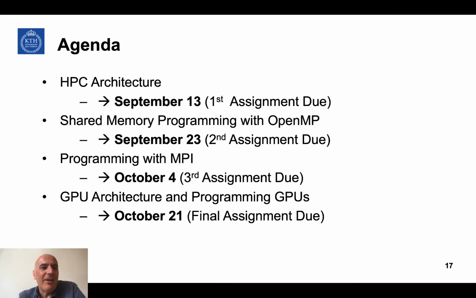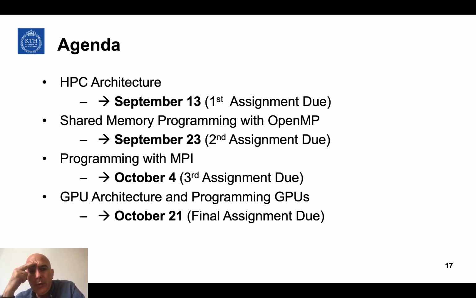So what does the preliminary agenda look like? We are going to look at benchmarking, performance models, and HPC architecture until September 13, when the first assignment is due. We switch to shared memory programming with OpenMP until September 2023.